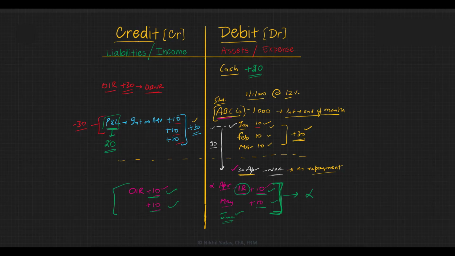So we credit this interest receivable by 20 and we debit this OIR by 20 so that both sides become 0. So two transactions will happen. First is recognition of income by crediting the P&L and debiting the cash, and second is reversal of these contra entries.